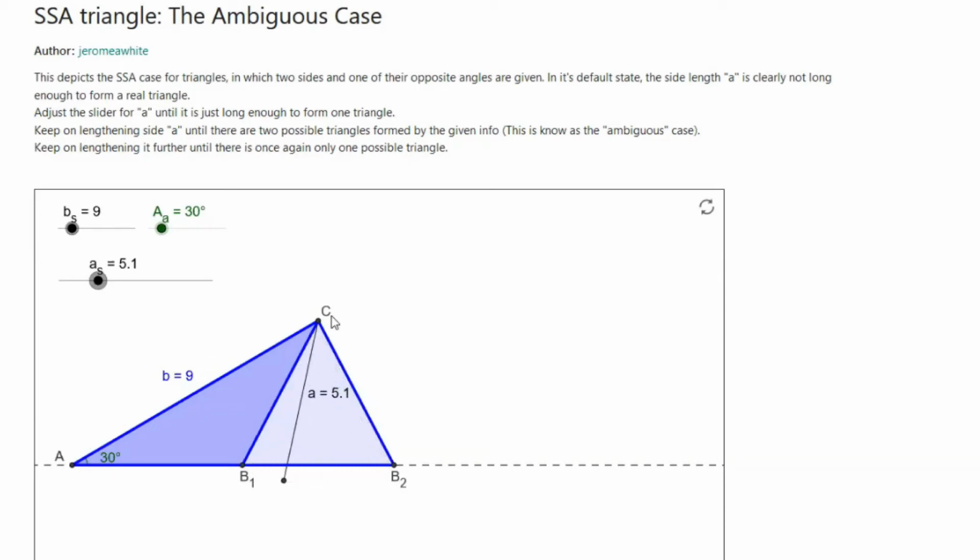This one and the bigger one. Because this side length, this a side length, could swing over to here, or it could swing over to here. That's why it's swinging back and forth. Okay, that's called the ambiguous case, where this edge can swing back and forth. And there's a specific case where that happens. So SSA is the ambiguous case.